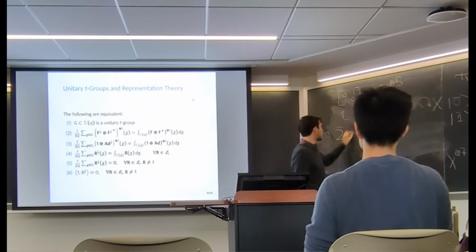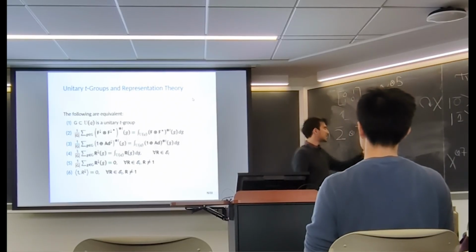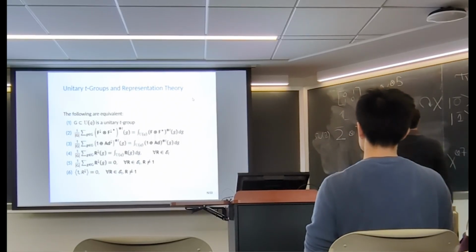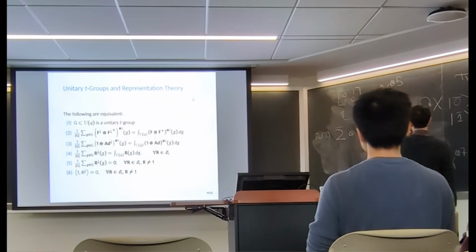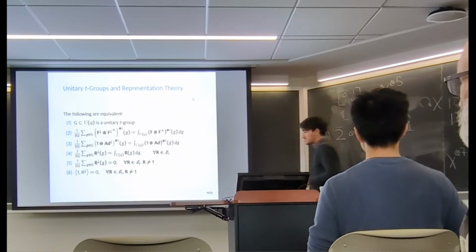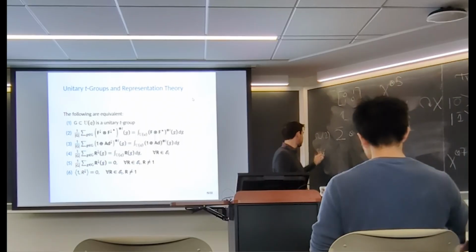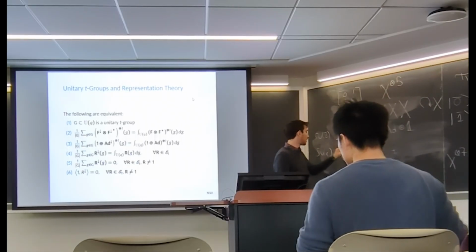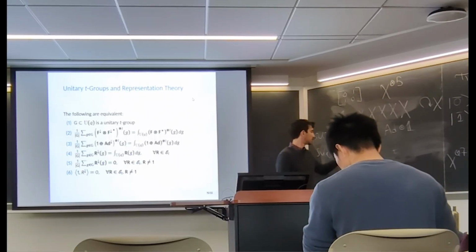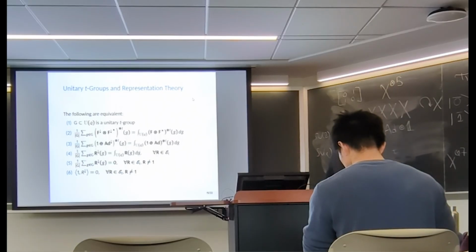And if you do 2 tensor 2 star, then you basically get a copy of the adjoint representation plus a copy of the trivial representation. And this is true for any Q. If you have SUQ, and then you do Q bar tensor Q star, then you get an adjoint representation plus just a trivial representation.